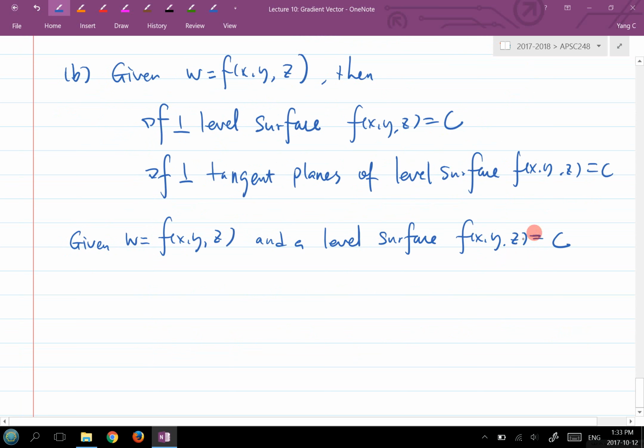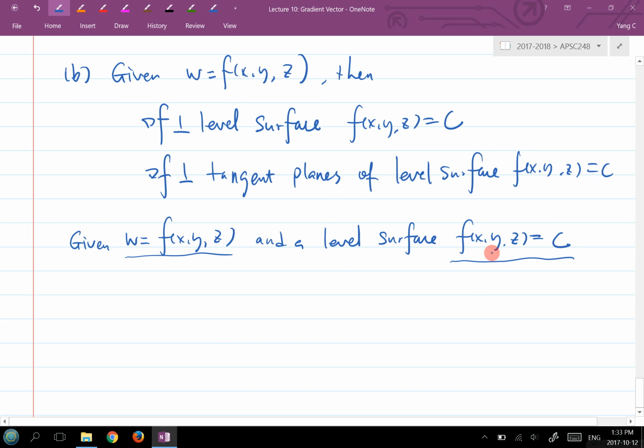At this step, as I said, you can visualize it. You can always try to solve for z in terms of x and y, so you express z using x and y. That's called explicit.